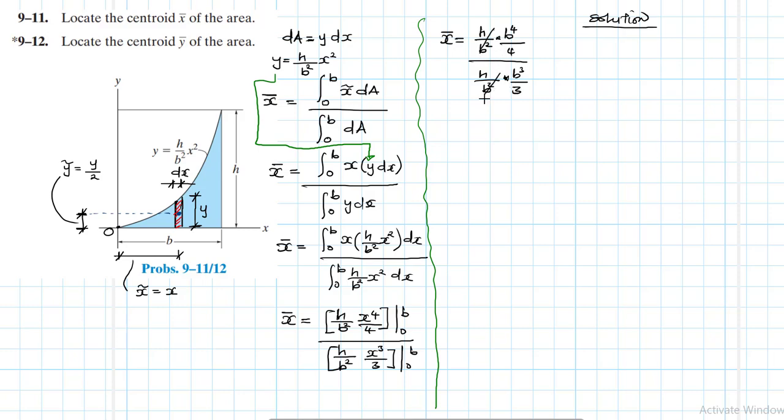So this and this go, b one there, go there, we just remain with a b. Therefore our x bar is finally going to be equal to 3 quarters of b.